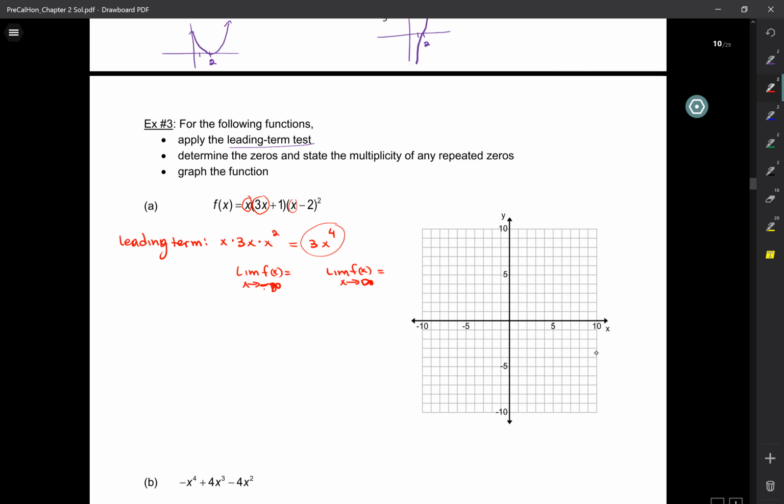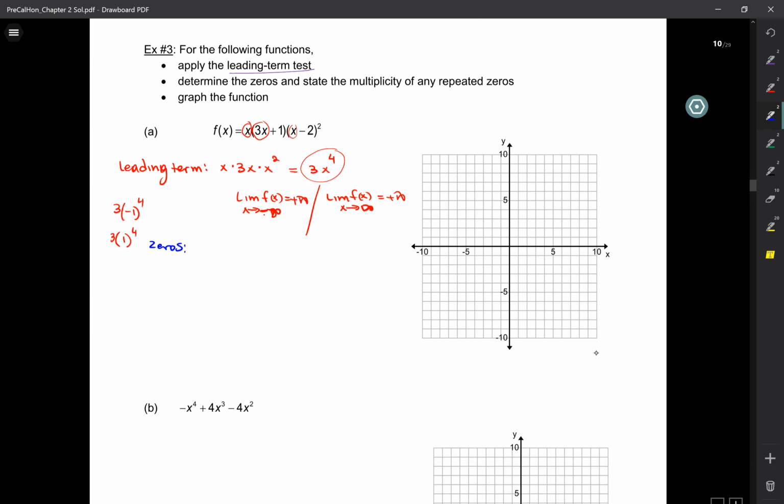And let's say I plugged in -1 for x. I would get 3 times -1 to the 4. That's a positive number, so I get positive infinity. And if I plugged in a positive number, I still get positive, so it's positive infinity. So that's the first one. All right, let's find the zeros.